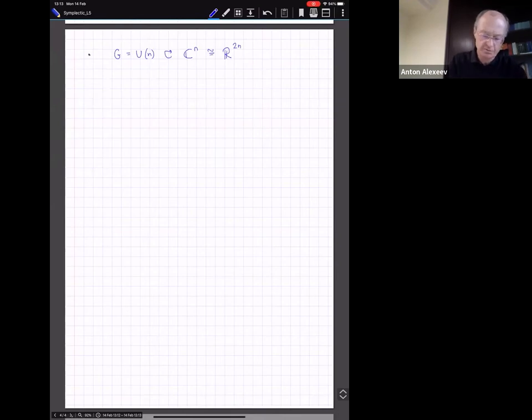But now maybe also something standard, but a little bit more interesting. Let's say n is equal to 2. Then we have U(2), and here there is a matrix (A B; C D), and it acts on C^2, of course, by linear transformations.